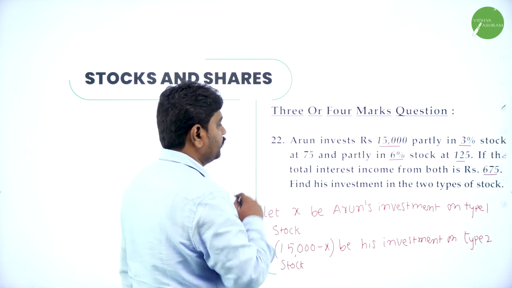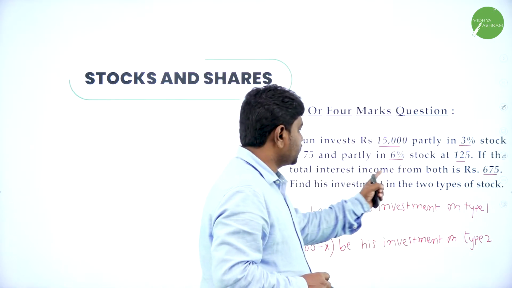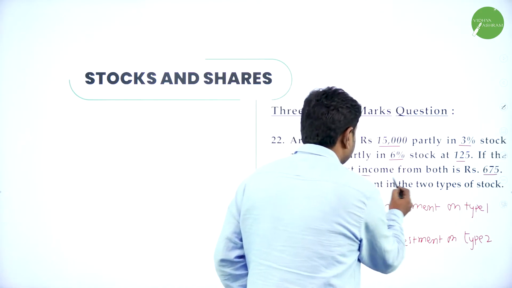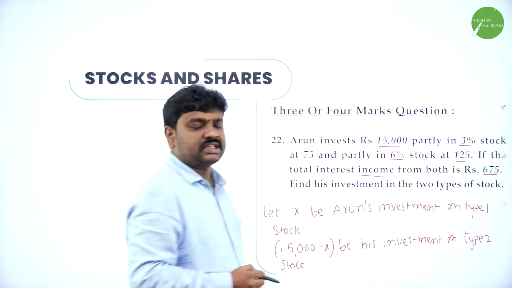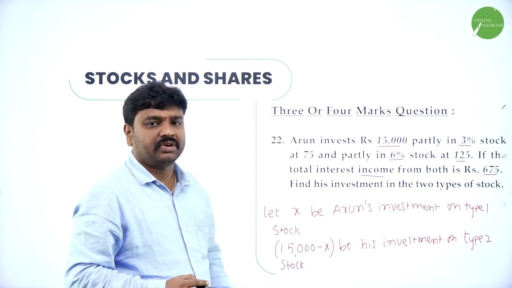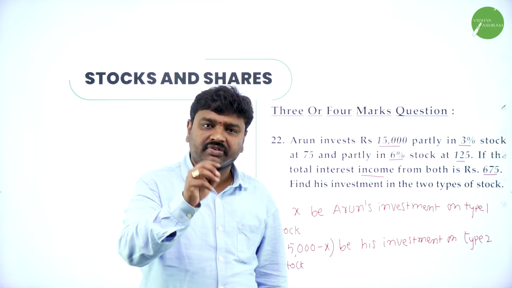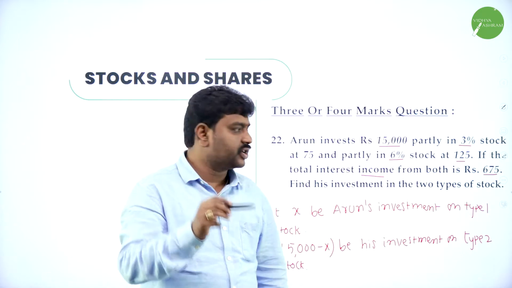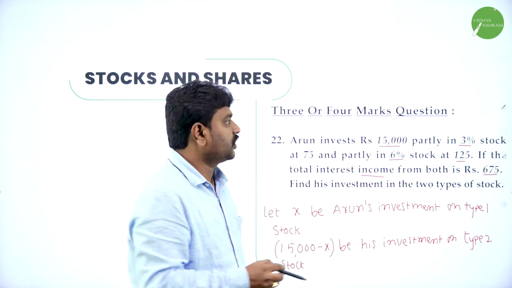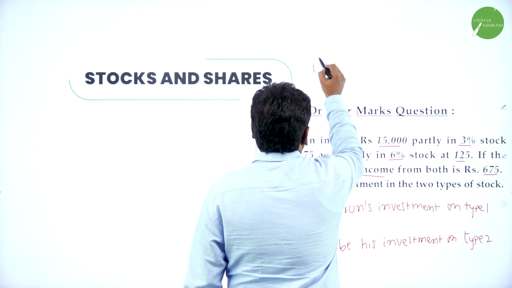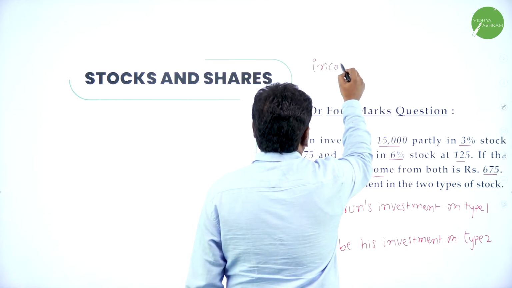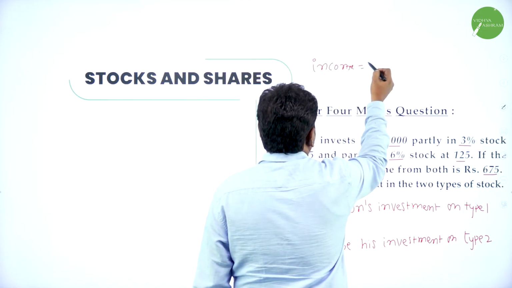So now they gave, if the total income from both is rupees 675, find the investment. So means total income on first stock plus income on second stock, if you add, it should be equal to 675. So all of you know how to calculate income. Income means what? Dividend means rate percentage given by the company.